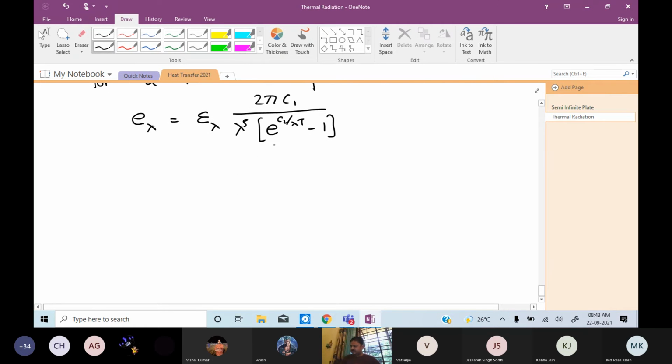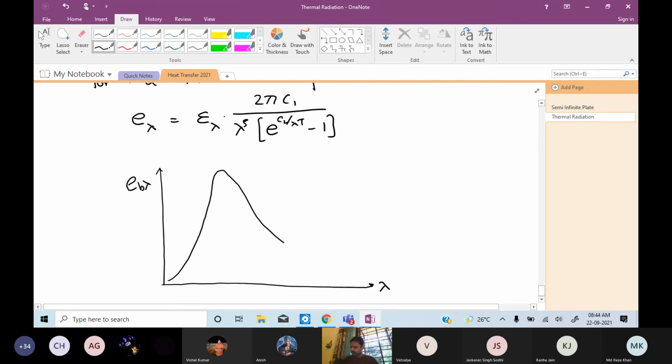Now, if we start plotting this expression of EB lambda, this is the nature of the curve.